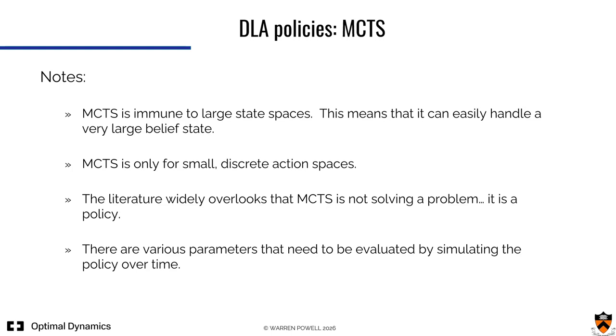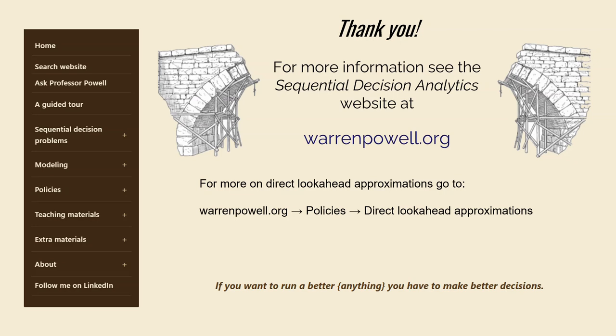Okay, now the literature on MCTS seems to ignore the fact that it's not solving a problem, it's a policy. However, there is an extensive literature in computer science where they use it as a policy. And what they'll do is they'll play games, and this is how they ended up with the breakthroughs in chess and computer Go. Okay. Once again, more on policies on the website. Just look under direct look ahead approximations.